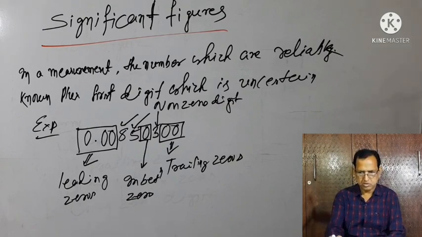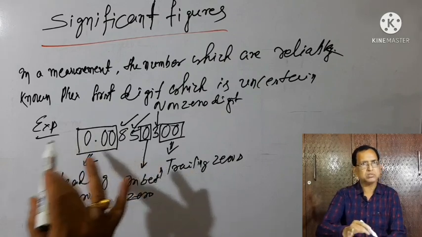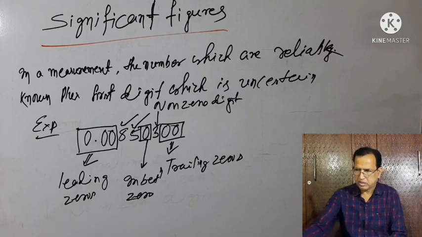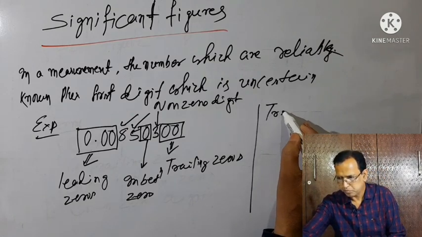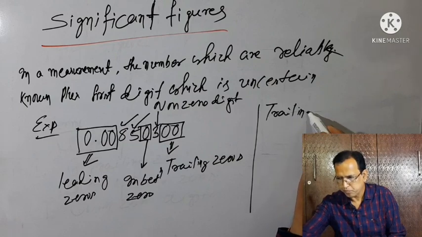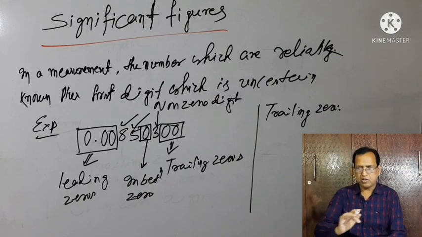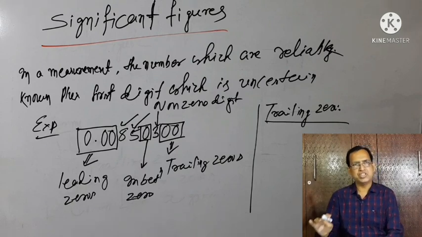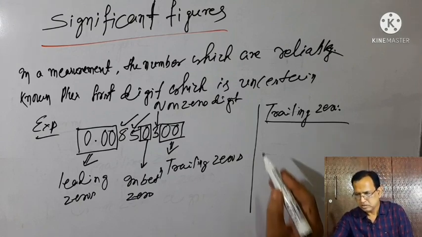Leading zero is not used as significant figure. For trailing zero, in case of a decimal number, trailing zero is used as significant figure.